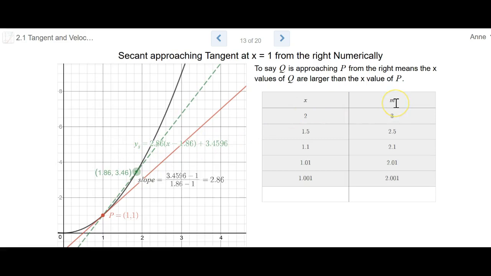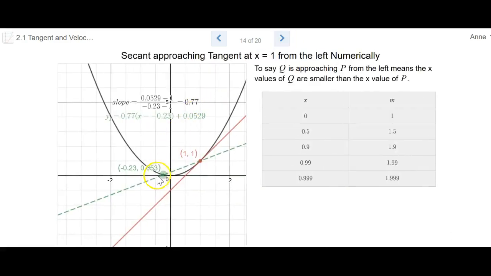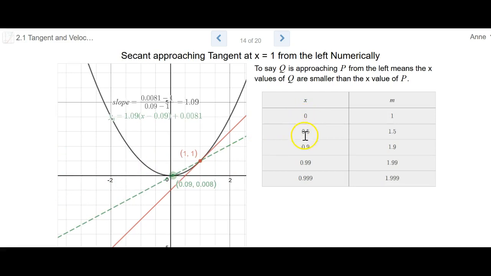And if you look at it as a table, you'll see that the x values start out bigger and get smaller as they approach 1, and the slopes are bigger and get smaller as they approach the slope of the tangent. And here it's approaching 1, 1 from the left, and you'll see that the x values are smaller and getting larger as they approach 1, and the slope values are smaller and getting larger as they approach 2.